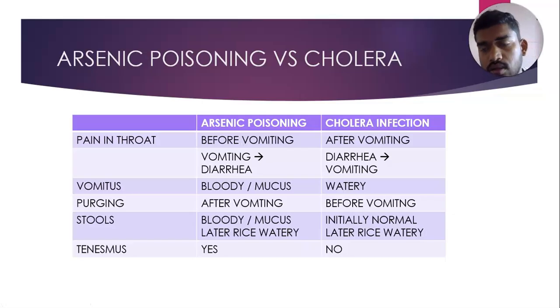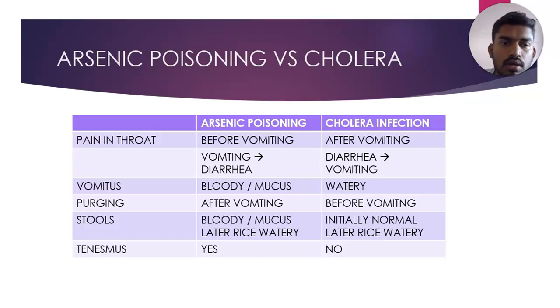You have a question in FMT: which disease does arsenic poison resemble? The answer is cholera, but there are fine differences. Pain in throat can happen before the vomiting phase in arsenic, whereas in cholera it is after vomiting. It's a late feature. The vomitus is usually bloody or mucus-containing in arsenic poison, but in cholera it's usually watery.